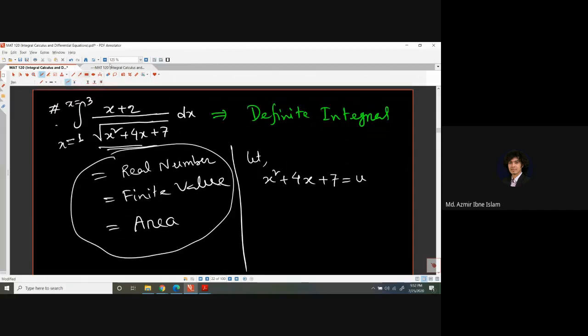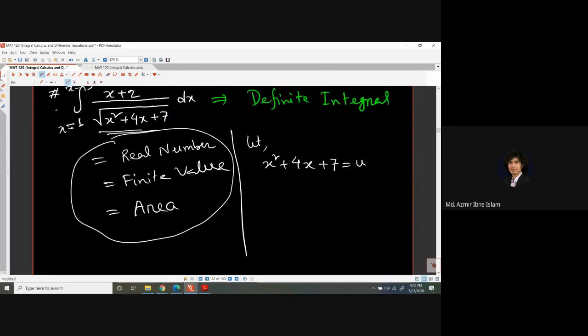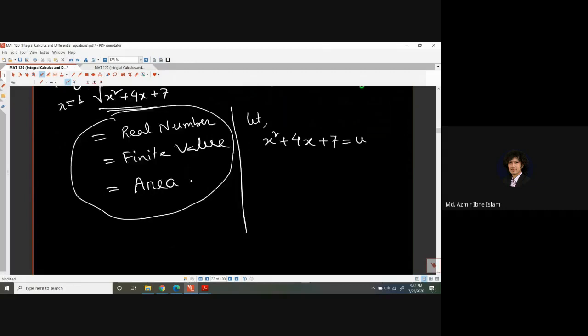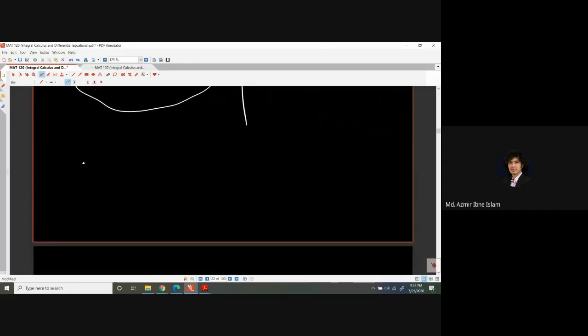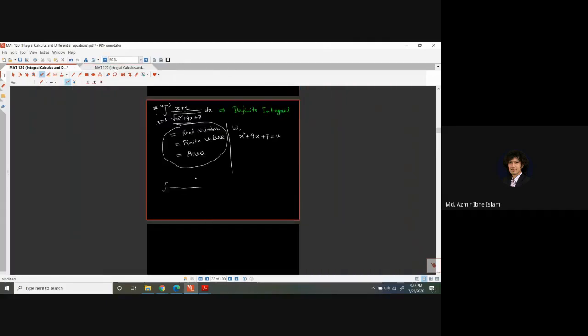So what we can do here, we have considered x squared plus 4x plus 7 as u, but for this definite integral, at first forget about the limits. Suppose we don't have the limits. At first try to find the antiderivative for the corresponding indefinite integral. That is, here we have the indefinite integral, integration of x plus 2 over the square root of x squared plus 4x plus 7 dx.